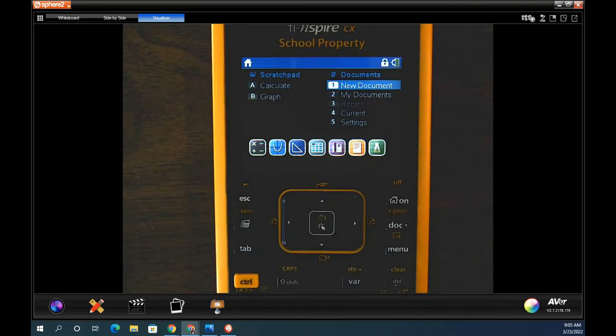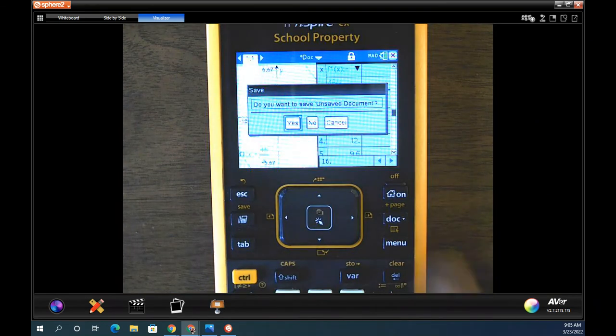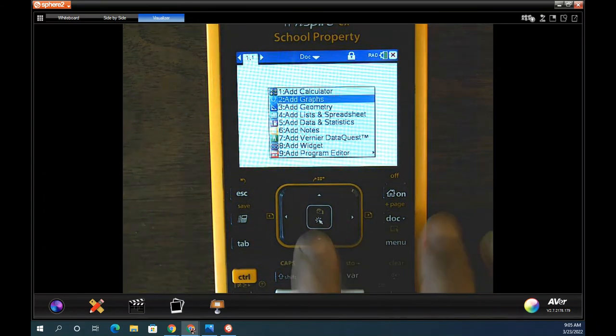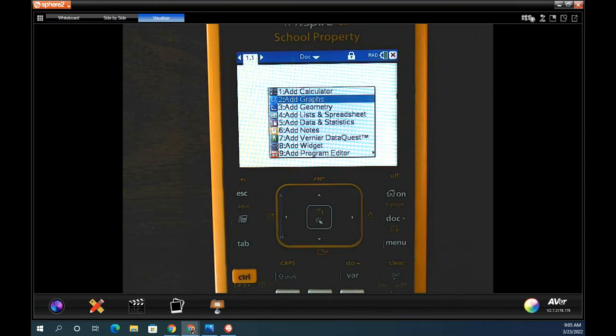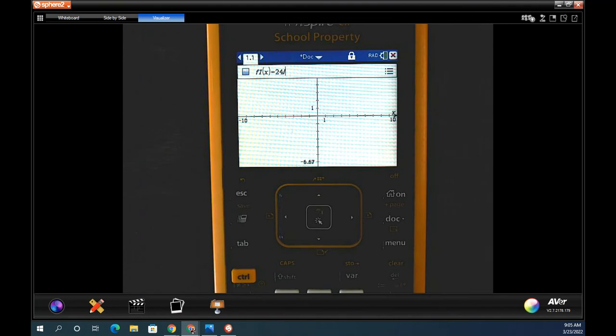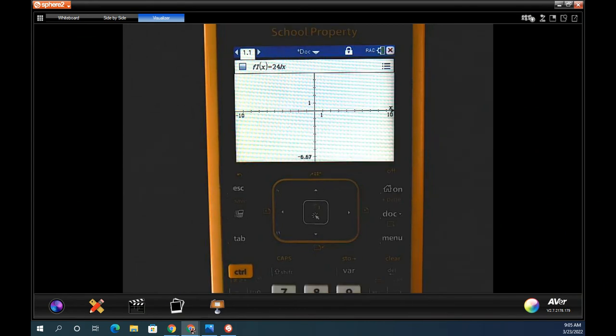Remember this. Home, new document. No. Add graphs. And we're going to type in 24 divided by x. Hit enter. Go to our table. Control T.